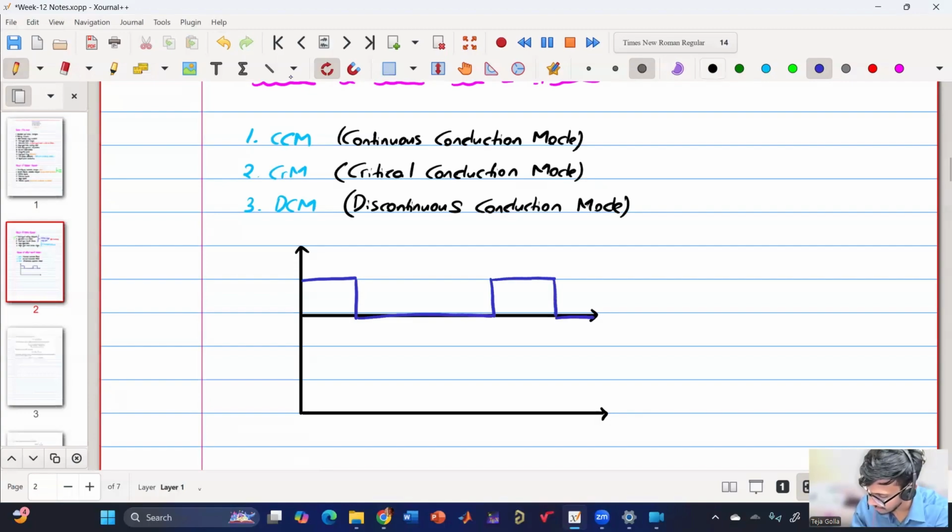We have something like this. In the case of CCM, there is no issue. But in the case of DCM, the inductor current will rise, then fall, and then become zero.